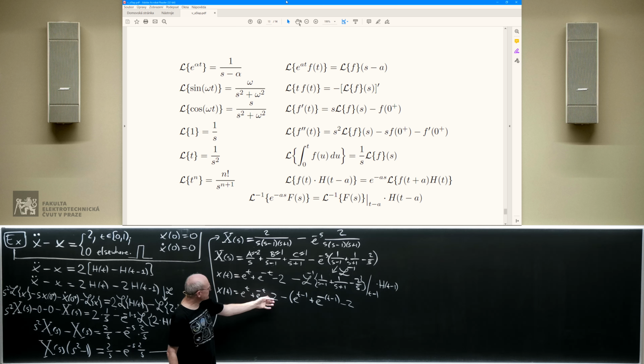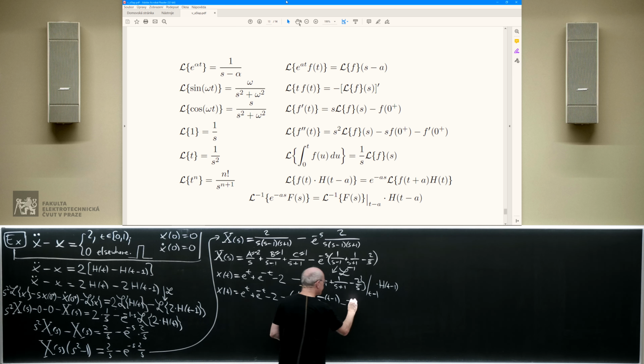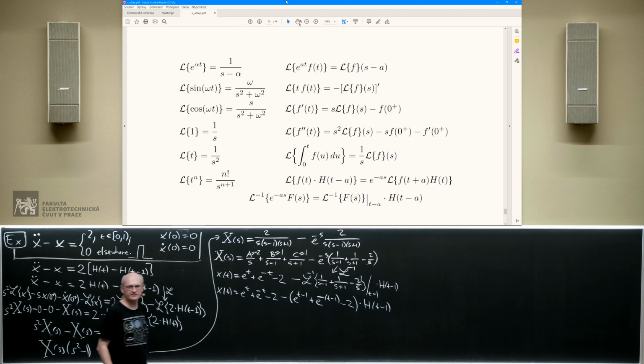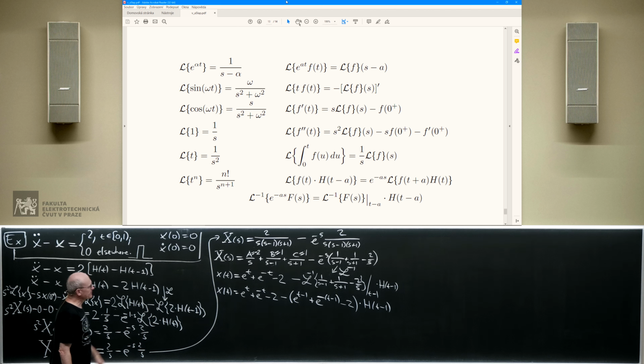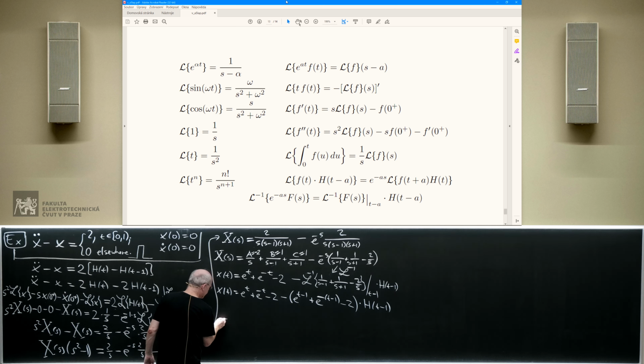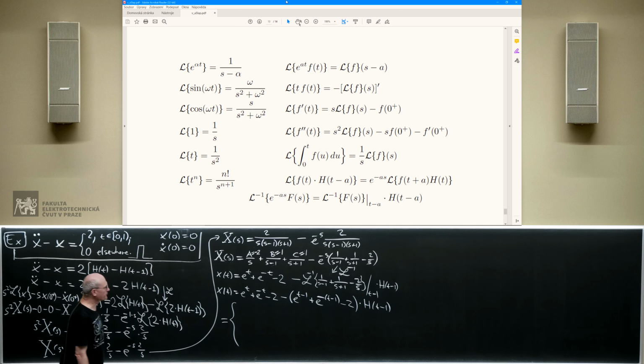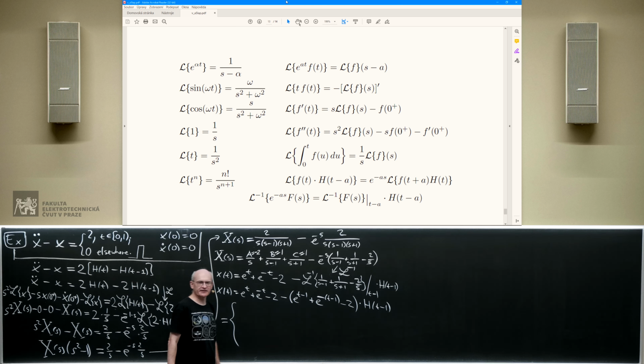Again, there is no t in it, so shifting the argument doesn't make any difference, times h t minus 1. And I could leave it like that, definitely. But again, for the user or for the reader of our solution or interpreter of our solution, it may be nicer to write down what's really happening.